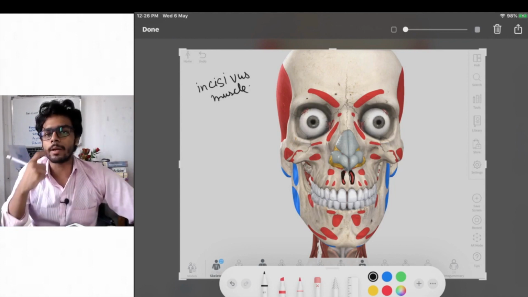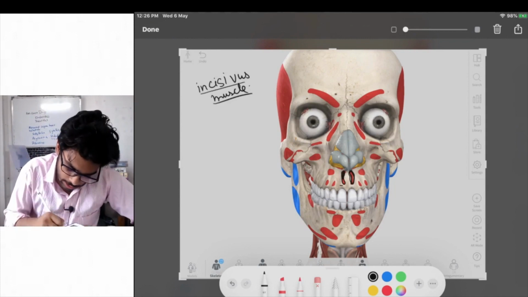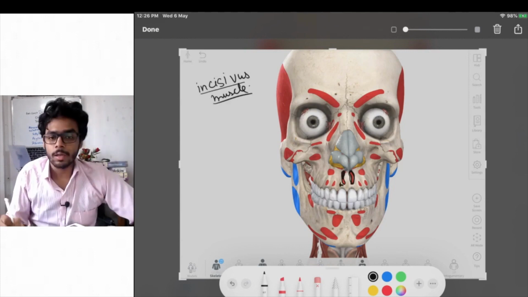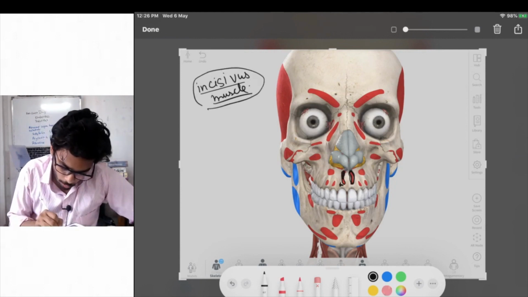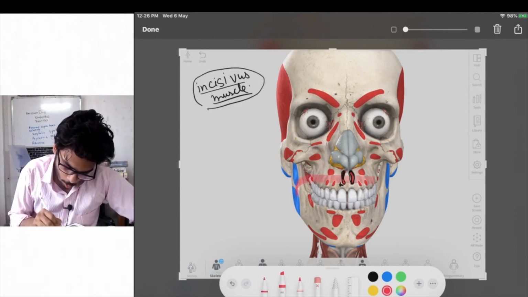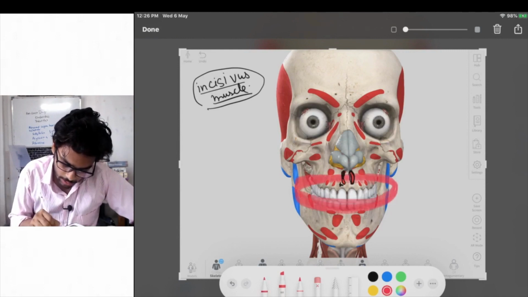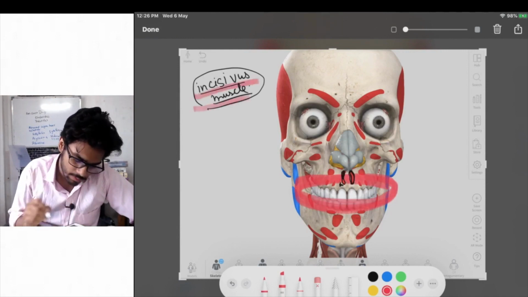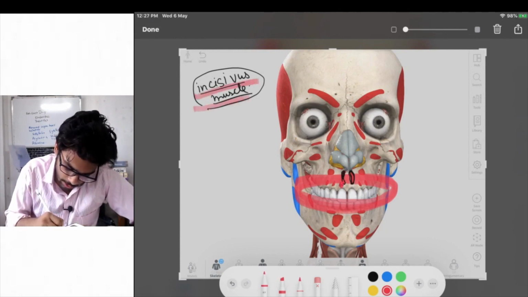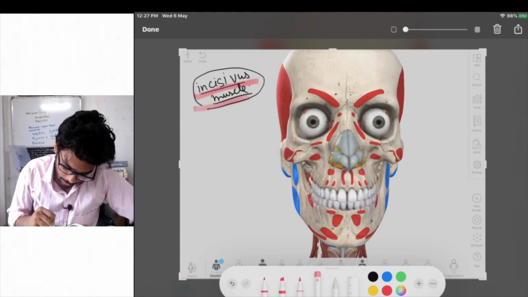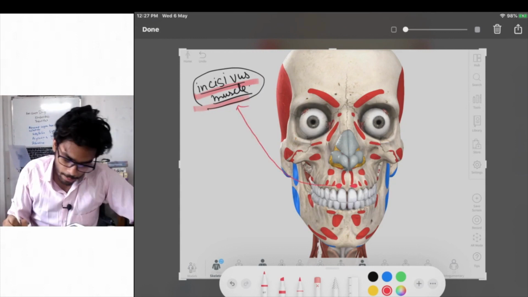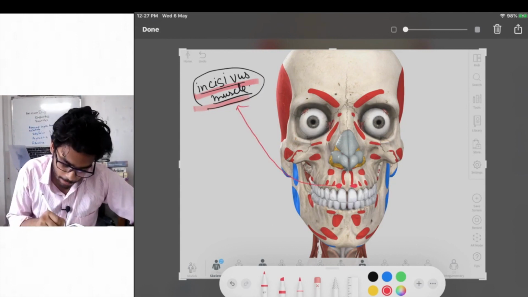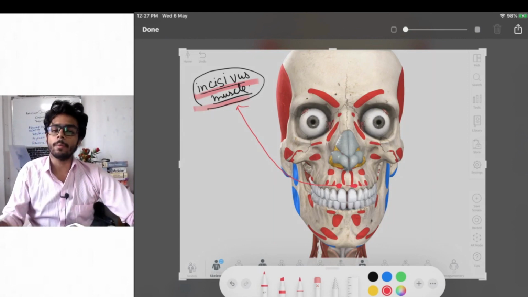The incisivus muscle is present just below the depressor septi, and it forms part of the orbicularis oris muscle, which surrounds the mouth. Okay, am I clear?